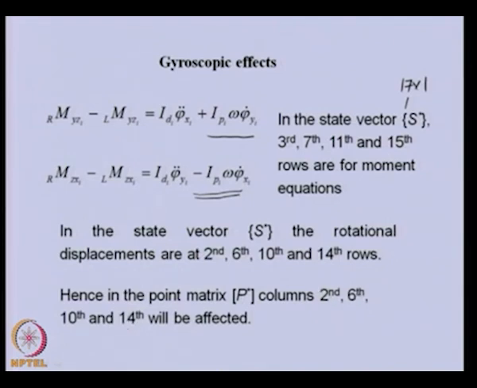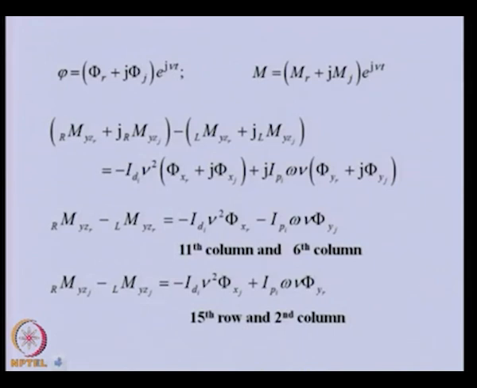So, now let us see one of the equations. We will expand it and see how it changes the point matrix. I am writing the angular displacement in its real and imaginary parts, and similarly the moment.